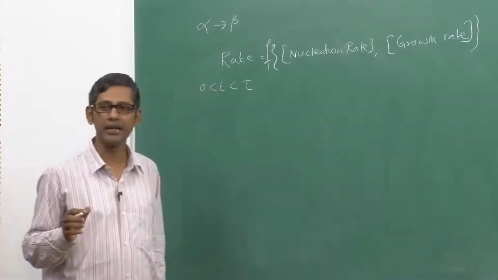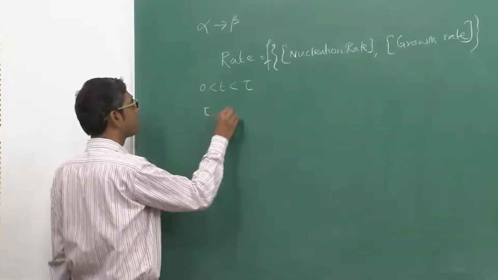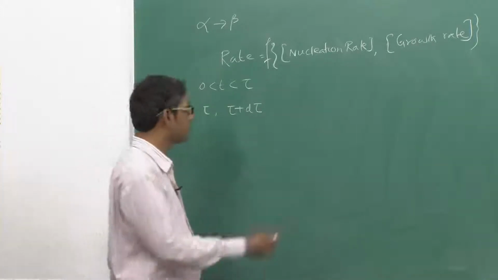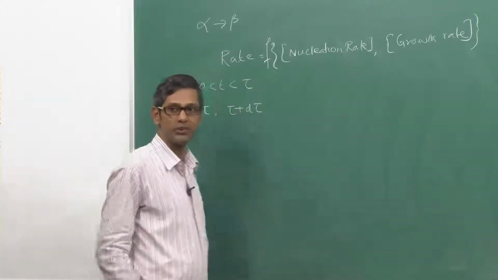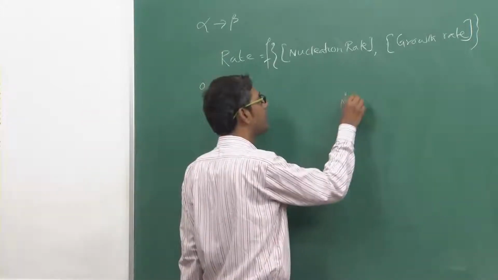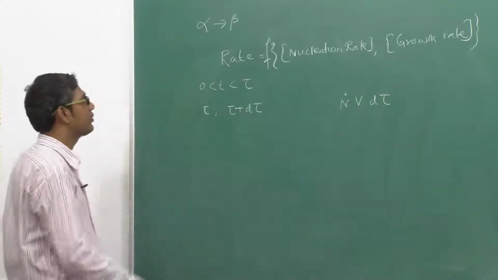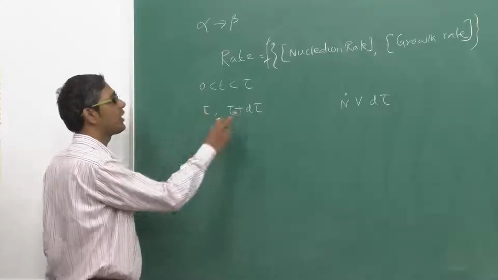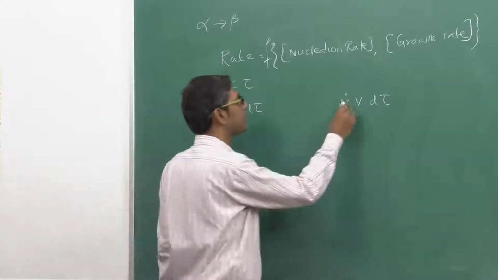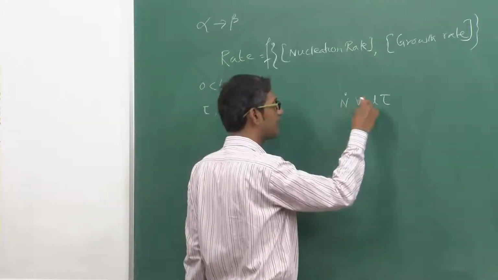Tau is a very small time scale, and as you increase the time from tau to tau plus d tau, the total number of nuclei will be equal to the nucleation rate multiplied by the volume multiplied by the time increase.